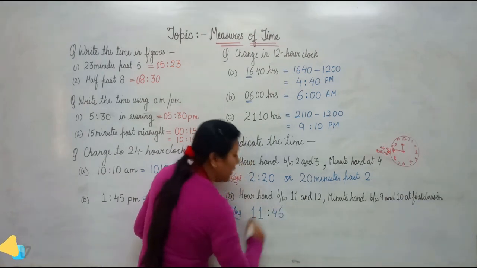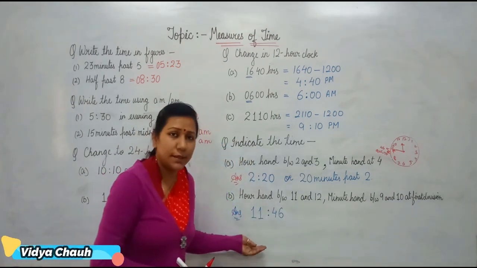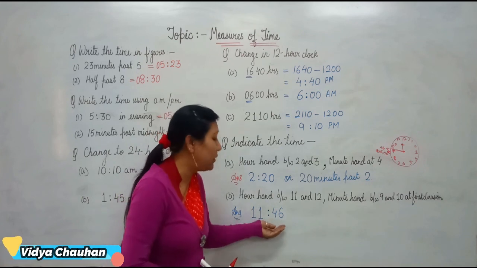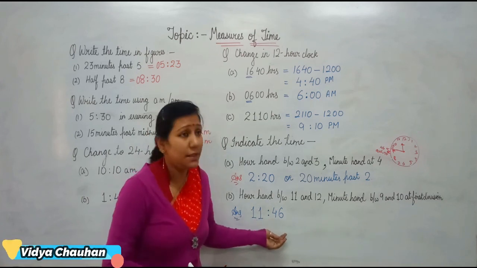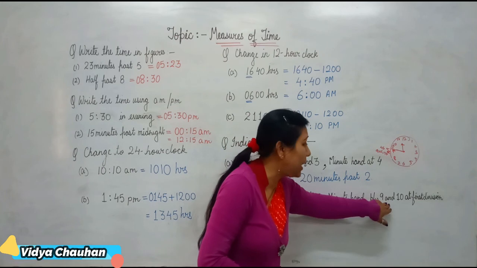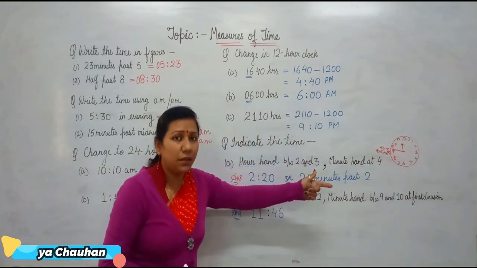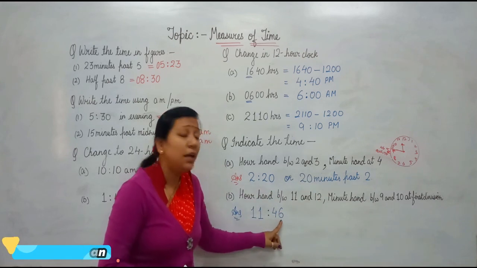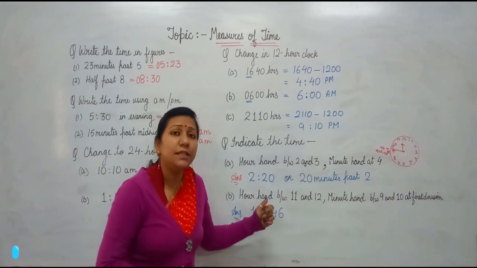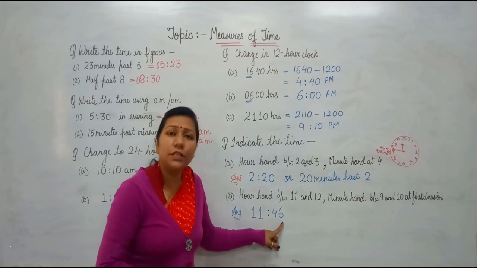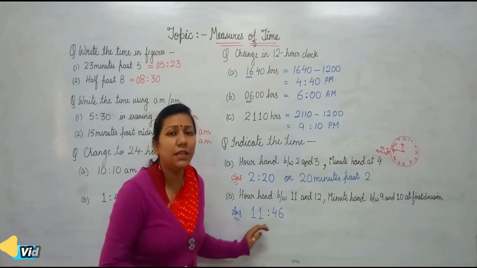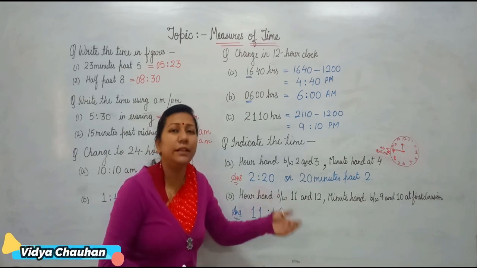So it is 11:46. Clear, students? So this is your time, 11:46, because your minute hand is between 9 and 10 at the first division. If it was at the second division, then we would write 47. If it is at the third division, then it will become 48. 11:48, 11:49, 11:50, like this.